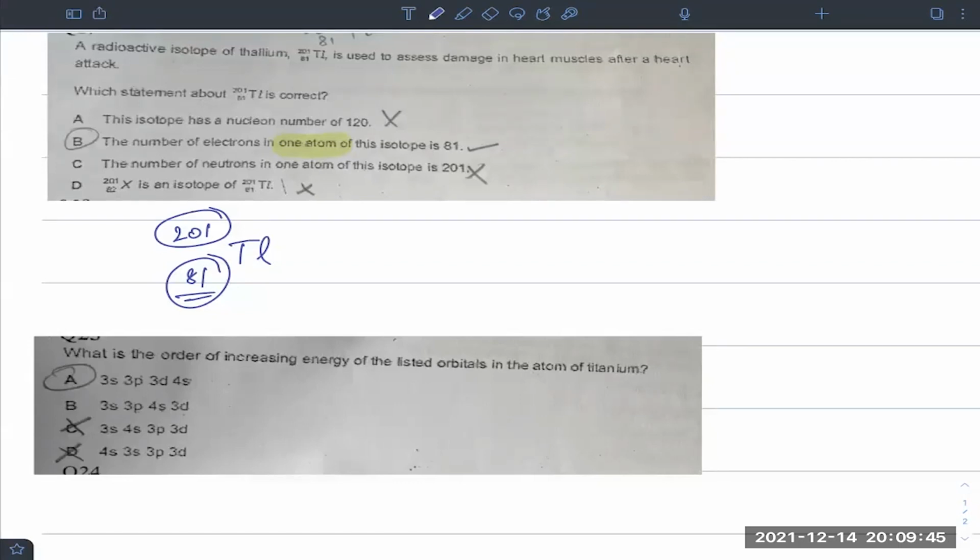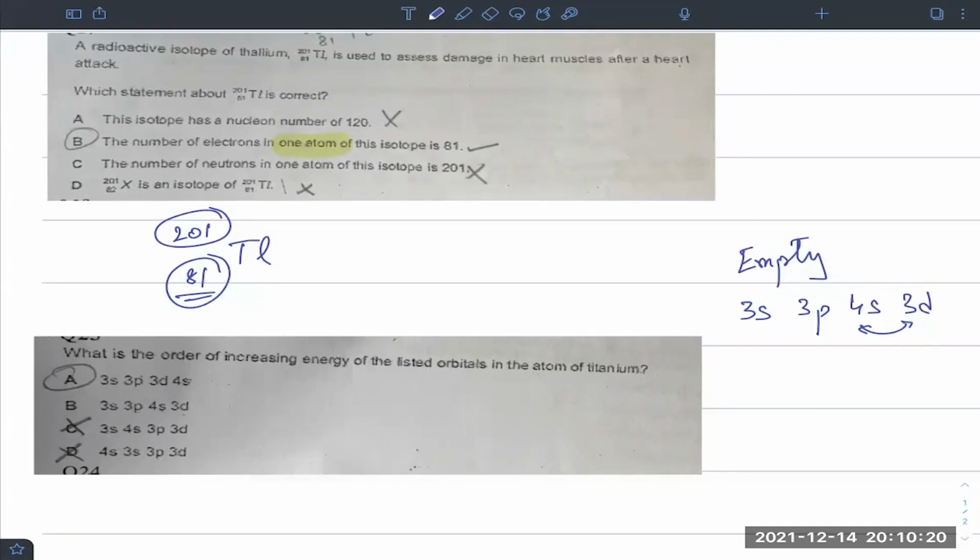So here's the thing: when they're empty, the orbitals go like 3s, 3p, 4s, 3d. That is how they fill up. But once it fills up, this order switches. So in the atom of titanium, because they're filled up, it should be 3s, 3p, then 3d, then 4s, because 3d has 2 electrons and 4s has 2 electrons as well.